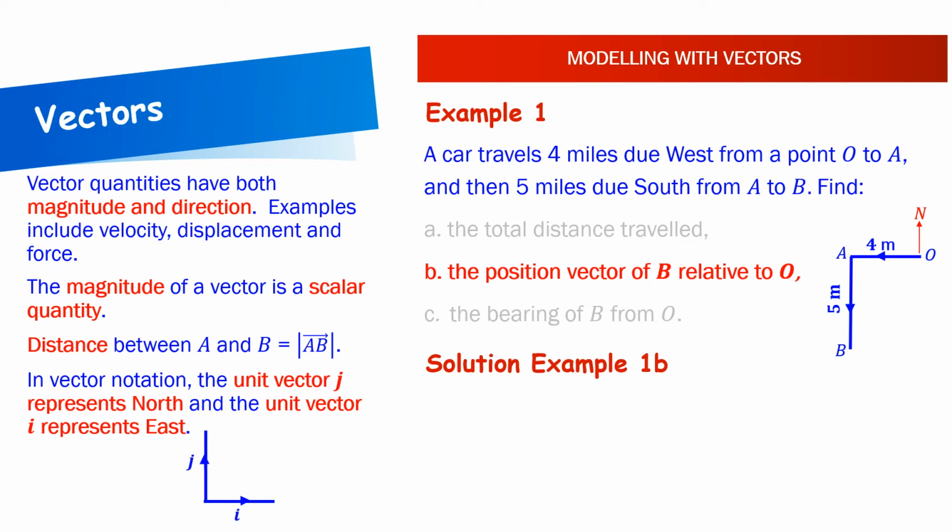So solving this gives us that the position vector of B relative to O is equal to minus 4i minus 5j. So here's minus 4i. It's travelling in the negative x direction. And here's negative 5j. The car is travelling in the negative y direction.